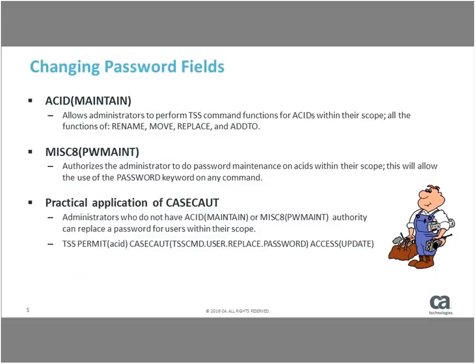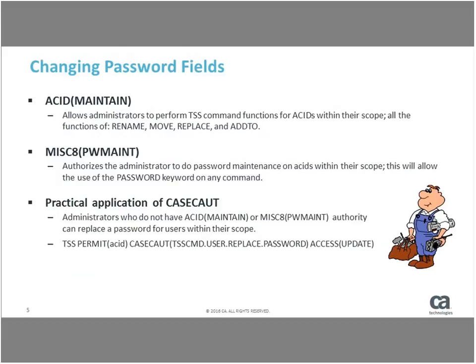Now, its role in changing password fields. Right now, in order for an administrator to change someone's password or do anything in terms of replacing it or modifying it in any way, the ACID maintain is what is needed as the authority, or a MISC-8 PW maint is needed to do maintenance on ACIDs that, of course, are within their scope, to allow them to specify the password keyword on the commands.